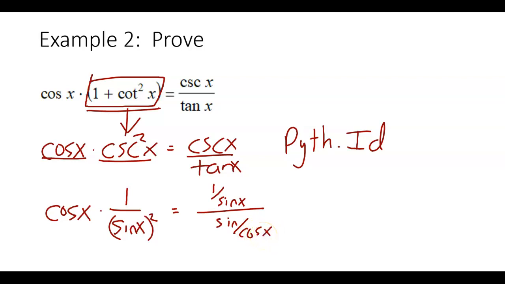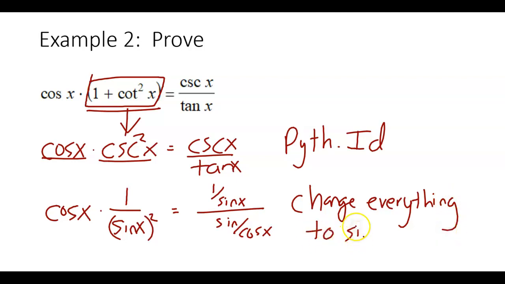So what did I do there? I changed everything to sine and cosine. Once again, make sure you're writing these verbal steps down, because that's what I'm going to ask you to do on your quiz.